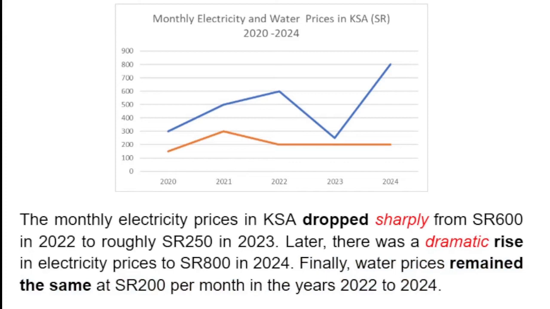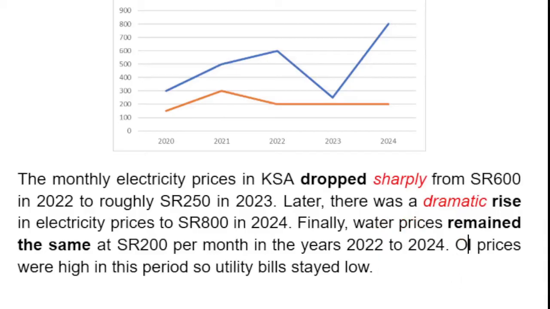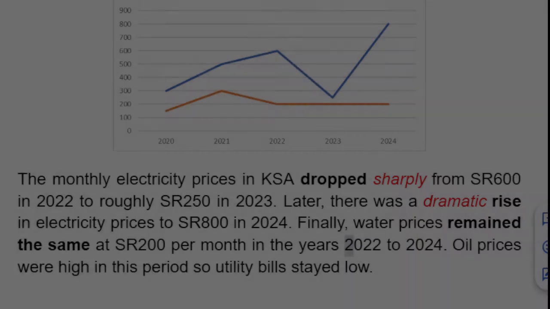You might want to add a sentence, your opinion, your observation, a comment perhaps. And here's mine: oil prices were high in this period, so utility bills stayed low. I have no idea whether this is true, but it is my interpretation of why water prices stayed low and stayed the same for those 2 years.